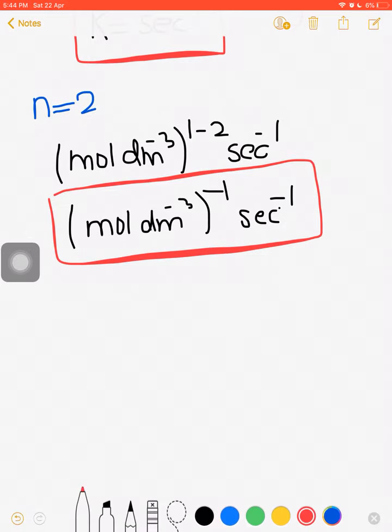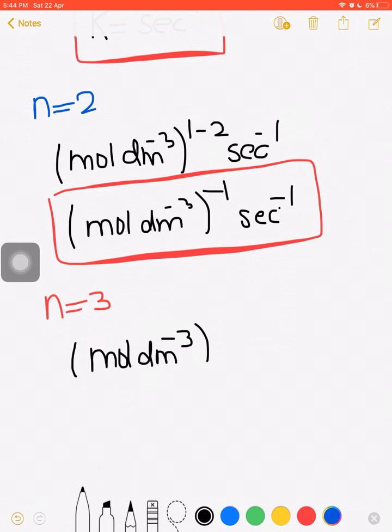Now when n is equal to 3, when the order of reaction is 3, then mole dm cube to the power 1 minus 3, second inverse.